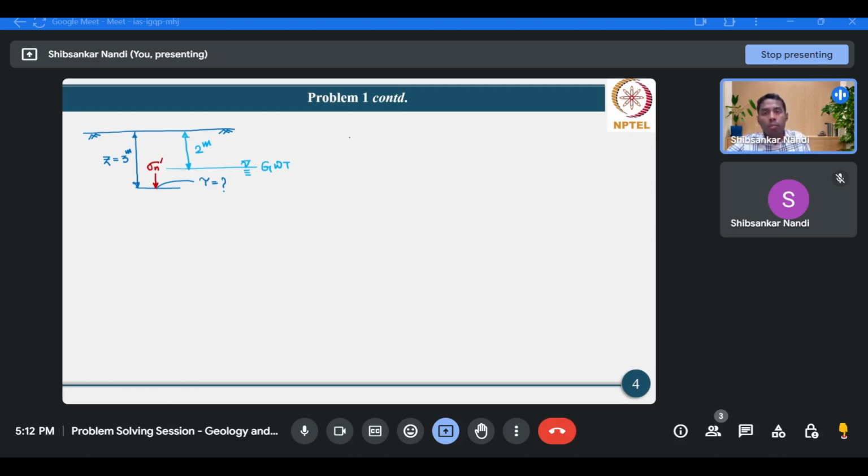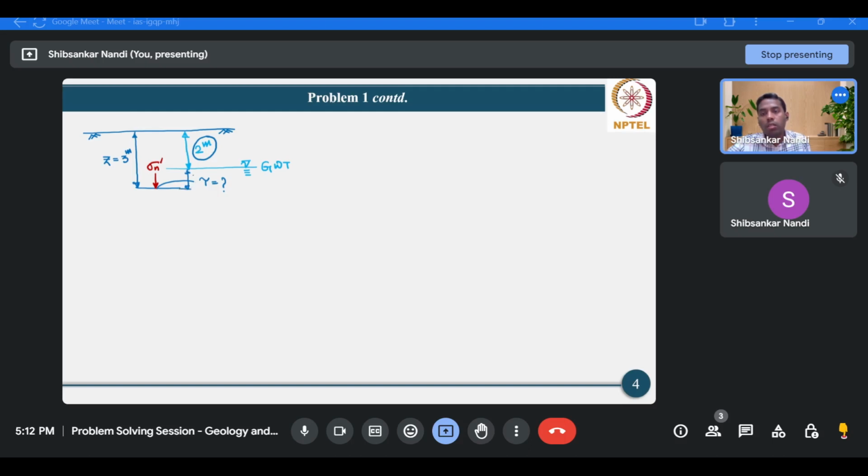So sigma n prime we can calculate if we know the dry unit weight of this portion, so for this portion 2 meters, and for this remaining 1 meter, if we know the submerged unit weight, because this portion is under complete submergence.